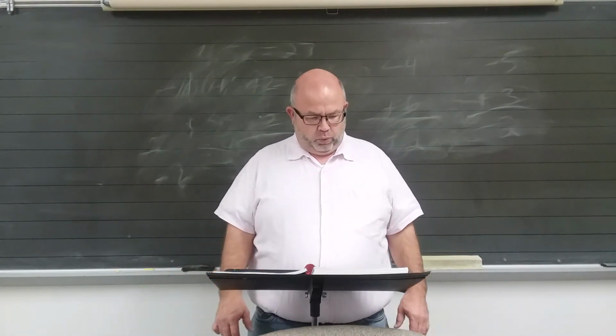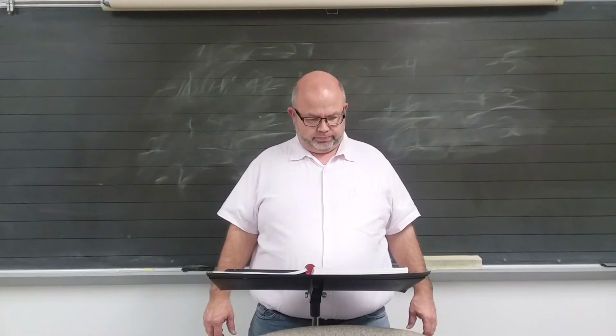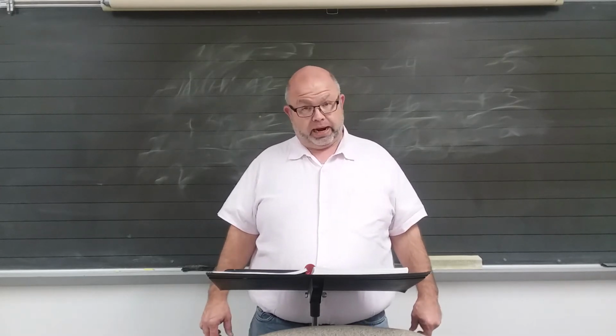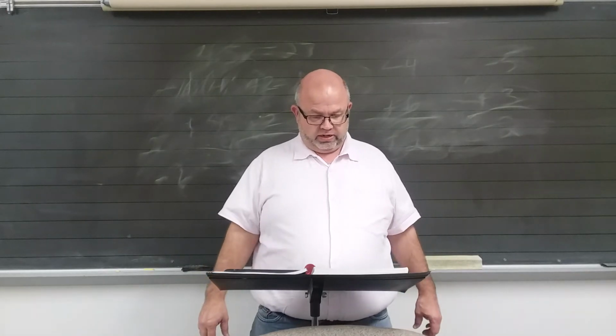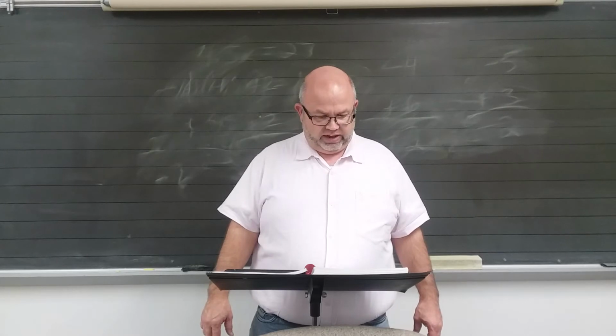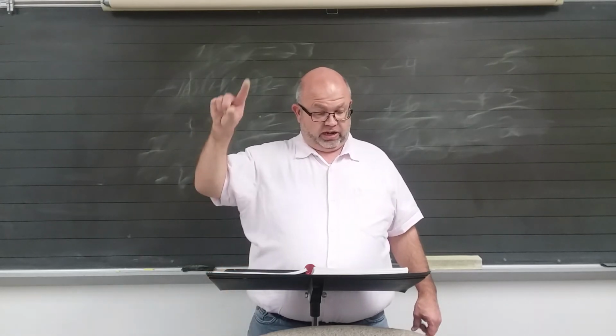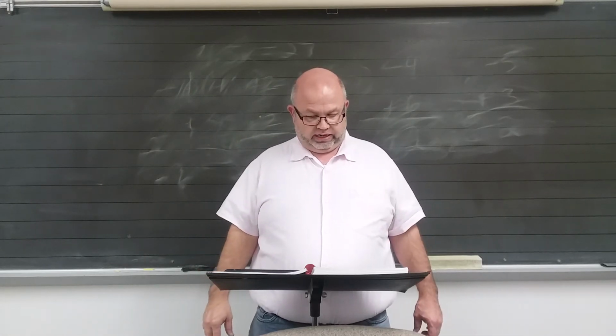Number 21, negative 7 and a positive 1. That's 7 minus 1 with the negative sign. Negative 6. 23 is negative 12. 25 is 8 minus 1 with a positive sign, positive 7. 27 is negative 13.